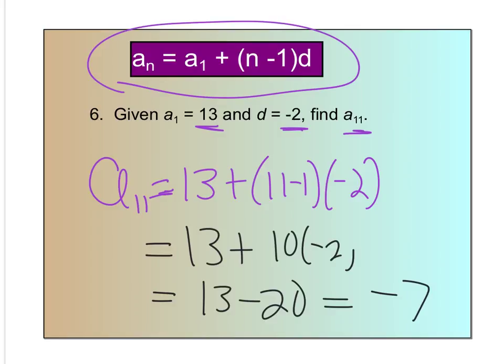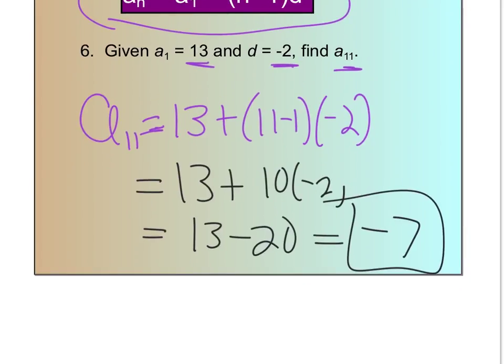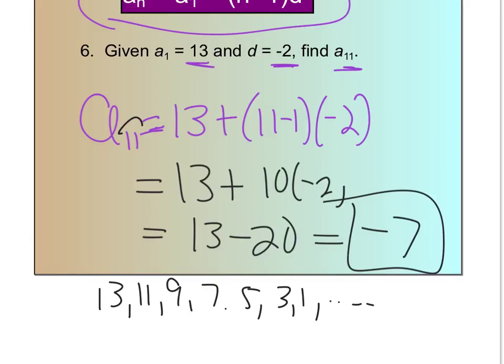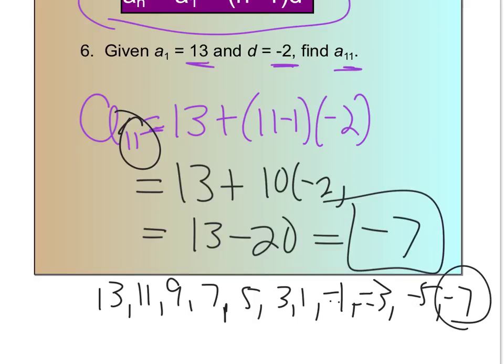I get -7 for an answer. All right, so 13, 11, 9, 7, 5, 3, 1, and if you keep going out to the 11th term, 2, 3, 4, 5, 6, 7, 8, 9, 10, 11. Boom, that matches up.